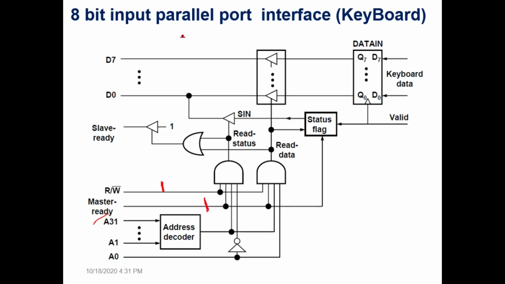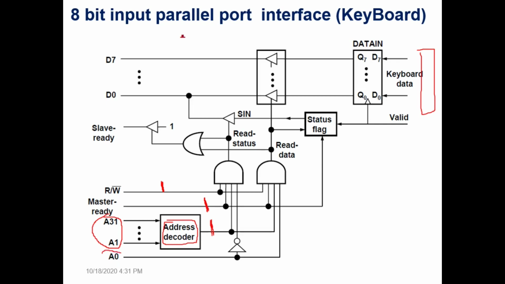Then the processor uses A1 to A31, that is 31 address lines, to address the keyboard device. The address decoder reads that address sent by the processor, analyzes it, and checks whether it is the address of the keyboard. If yes, then the address decoder also gives the output as 1.